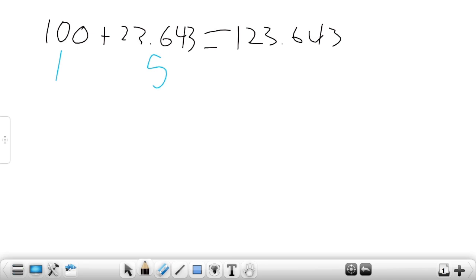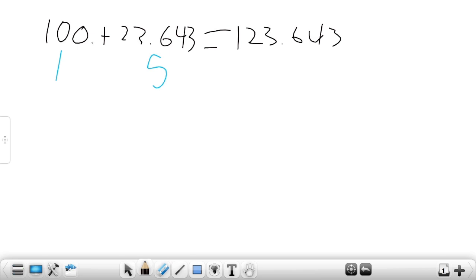So 100 has the least amount of decimal places, obviously. 23.643 has 3 decimal places. 100 has none. So we're going to go ahead and take 100. So we're going to round 123.643 to, oh, I'm sorry, I read this wrong.